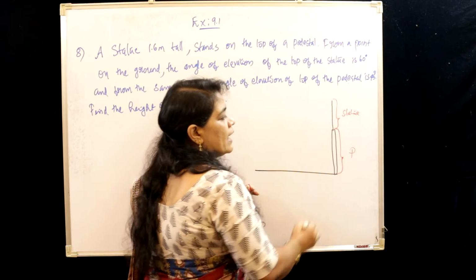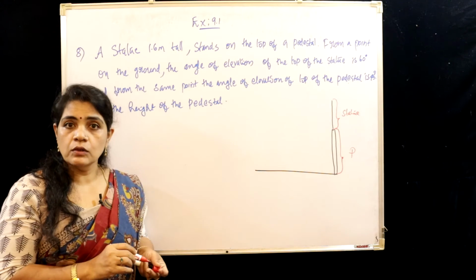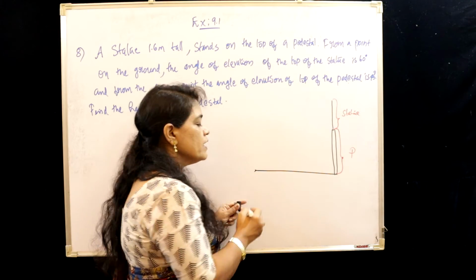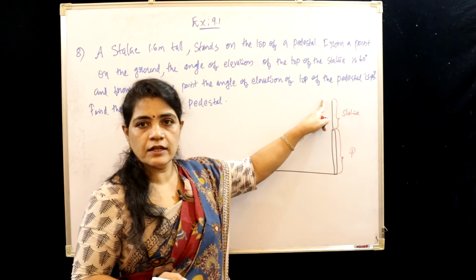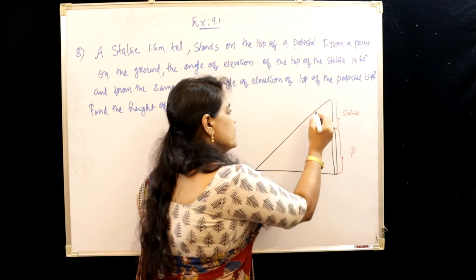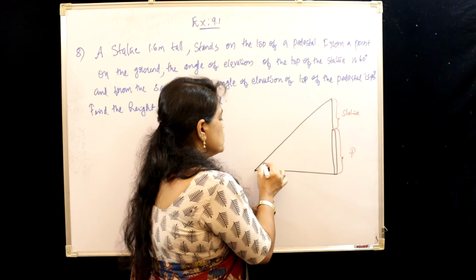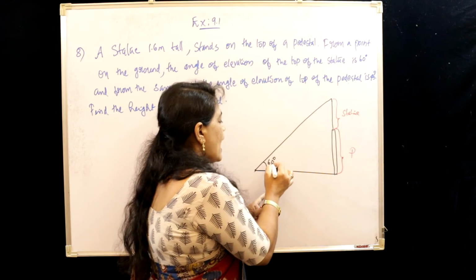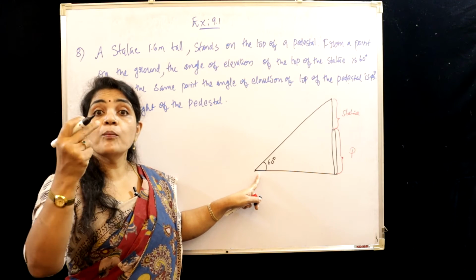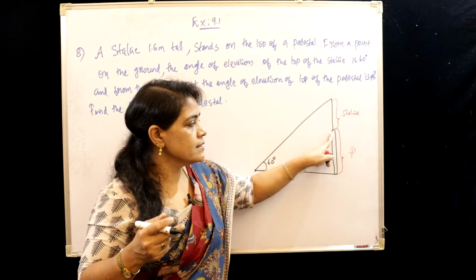From a point on the ground, from this point the angle of elevation of the top of the statue is given as 60 degree, and from the same point the angle of elevation of the top of the pedestal is given.